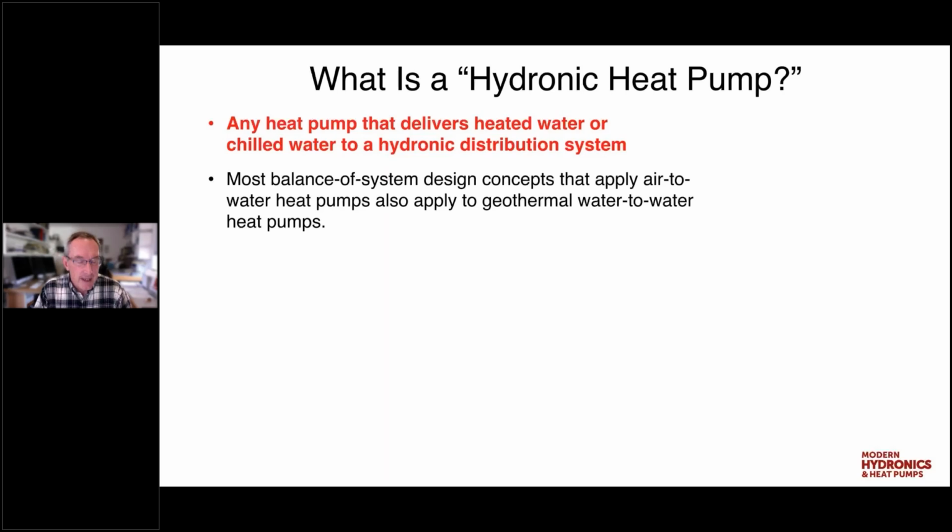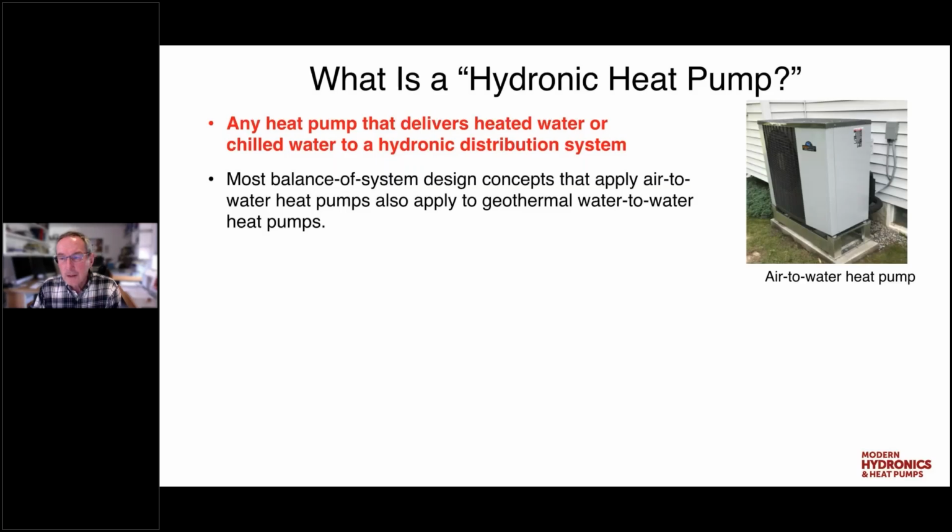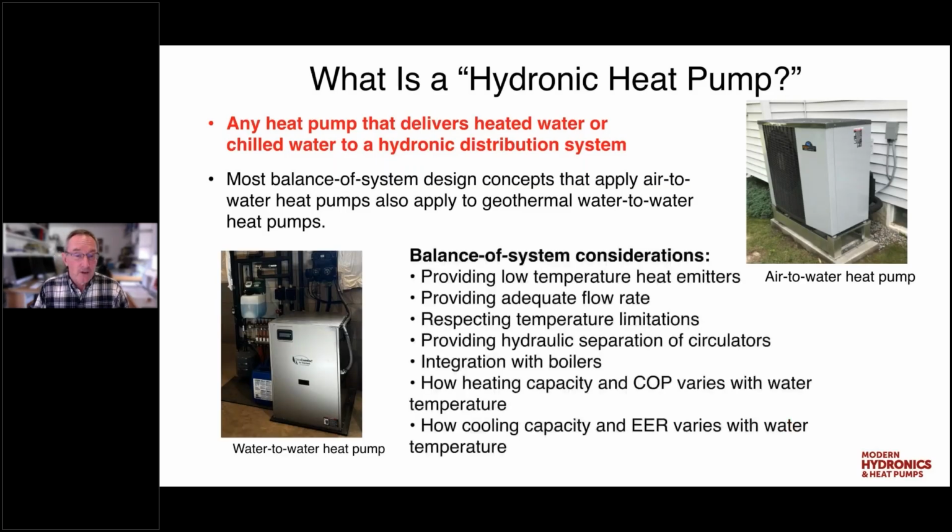And that includes both air to water heat pumps as well as water to water heat pumps. And we can lump them together in a lot of cases because the balance of system design, this is everything but the heat pump, is often identical, whether it's a water to water heat pump or an air to water heat pump.